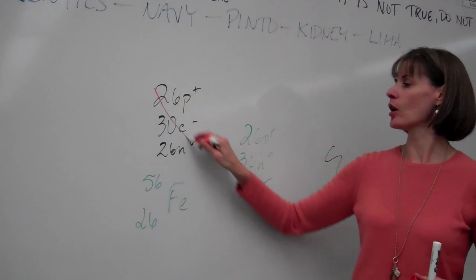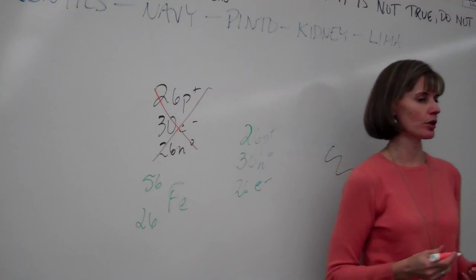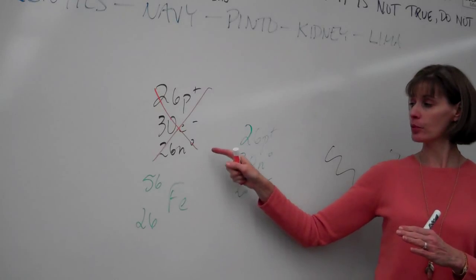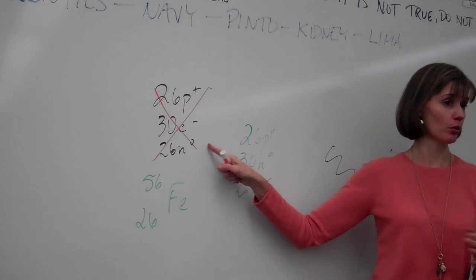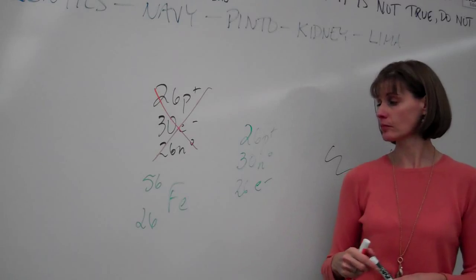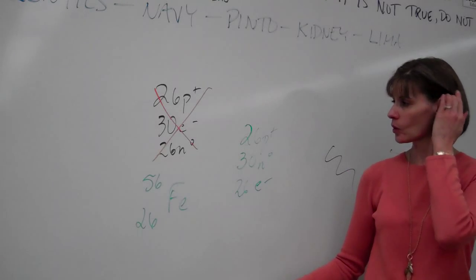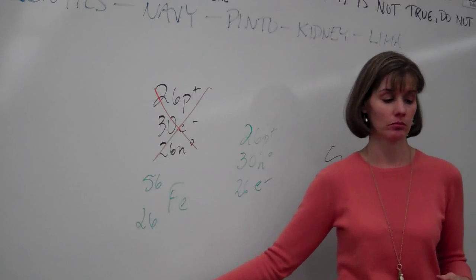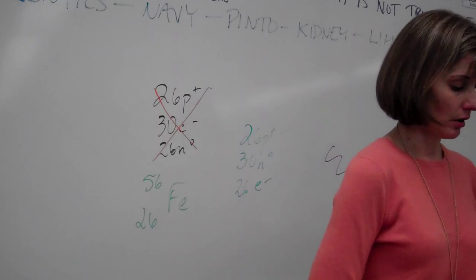But that's what one of the incorrect answer choices will look like. They might have the right numbers, but put the wrong particle with it. Or it might have used the number 56 for one of the particles. Alrighty.